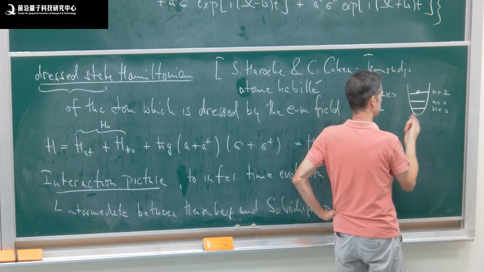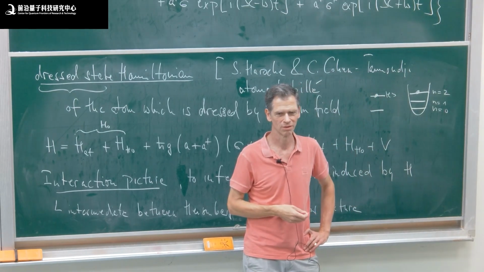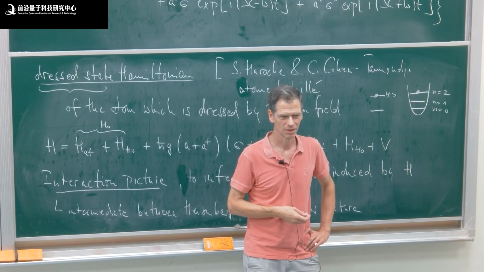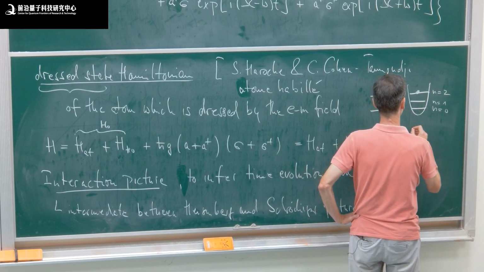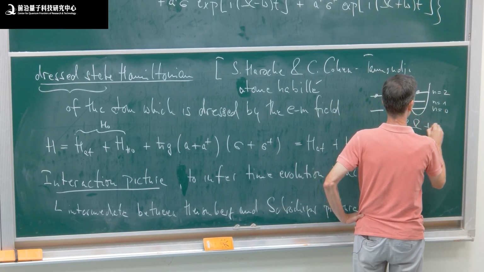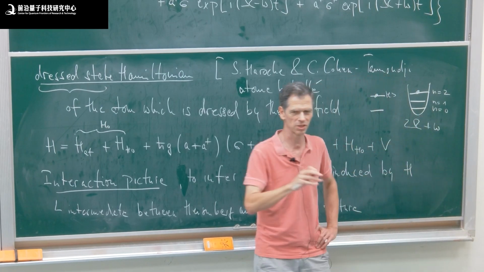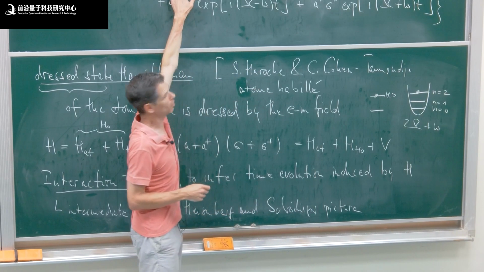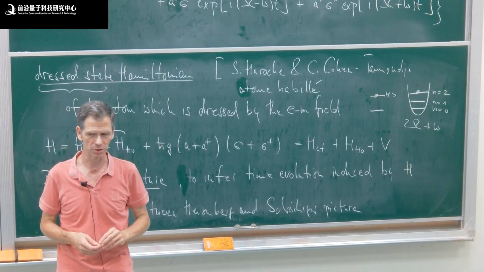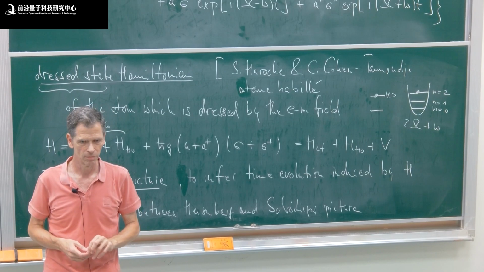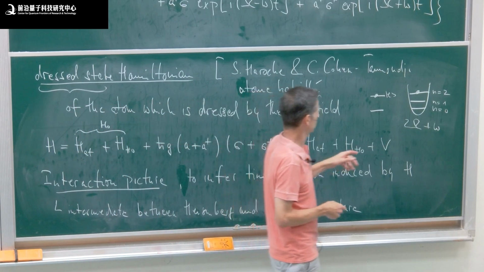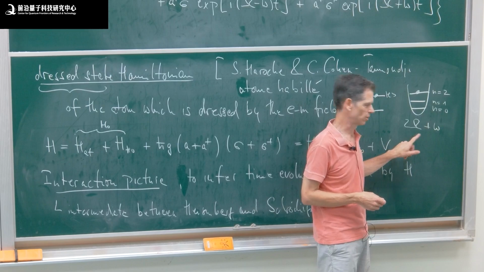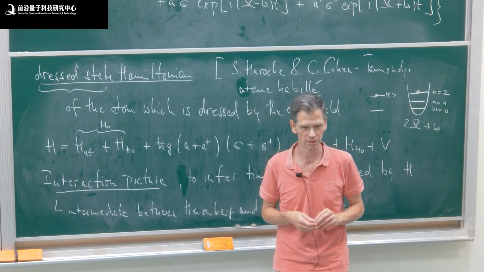So the total energy of the system is then how much? Essentially something like 2 omega plus omega, if you forget about the ground state energy. So now what will happen if you apply these two operators? Then what will be the energy afterwards? Capital omega, right? So the energy is not conserved.